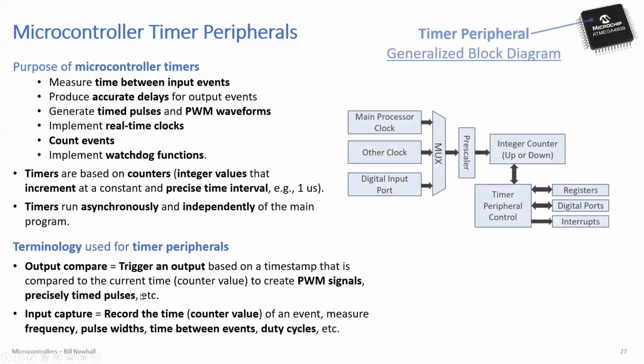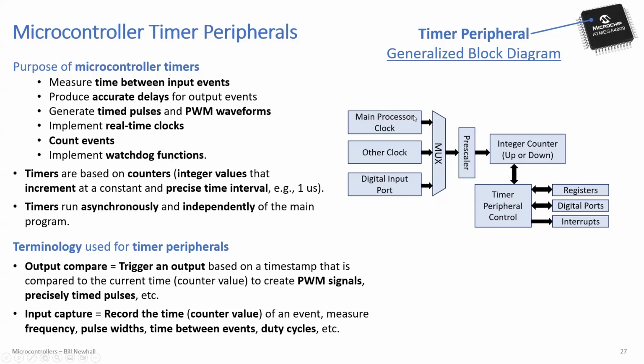Let's look at a block diagram of a typical timer peripheral. Now, if you look in a microcontroller's data sheet, they're all going to look a little different. Here, I've taken many of the architectures, tried to boil them down into one architecture, and this gives a good view of what you'll see in a data sheet when you look at a block diagram of a timer.